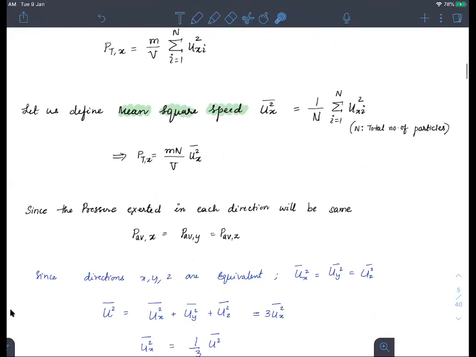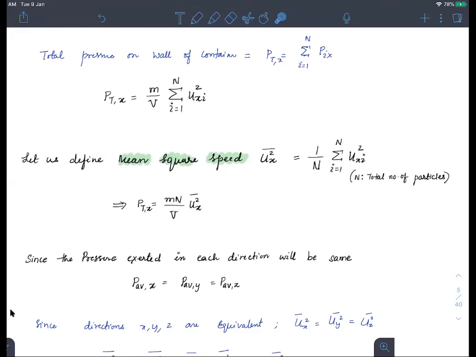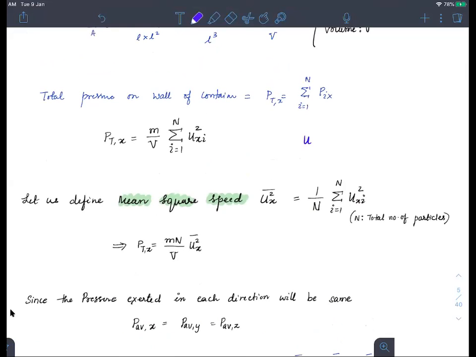Can you repeat mean square speed? By definition, mean square means ux square in x direction. If there are n particles moving, it would be u1 square plus u2 square plus u3 square and so on up to un square, all of that divided by n, the number of particles.